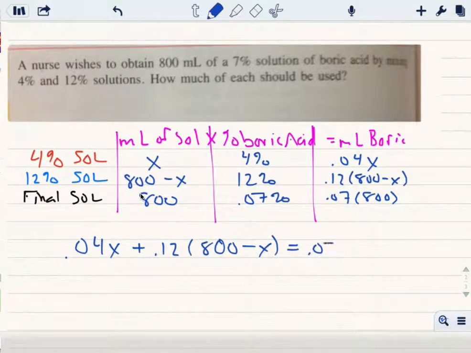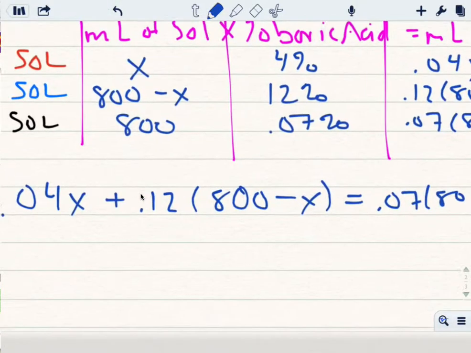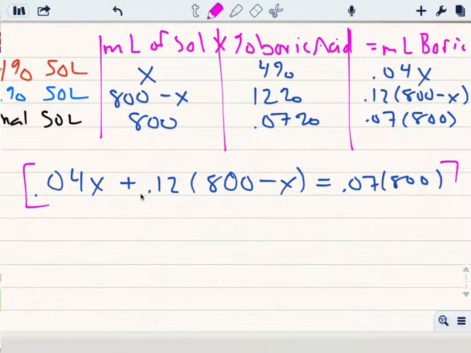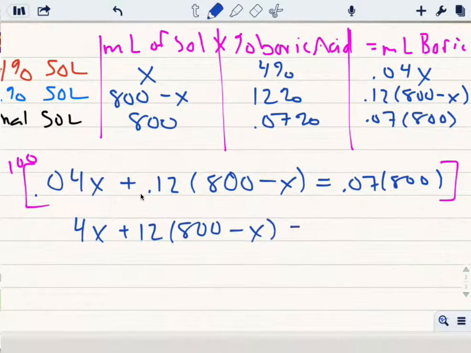I have 0.07 times 800. Okay, so I'm going to multiply times 100. That'll give me 4x plus 12 times 800 minus x equals 7 times 800.